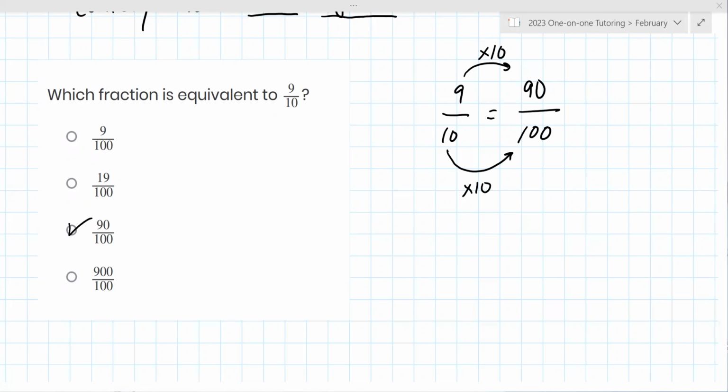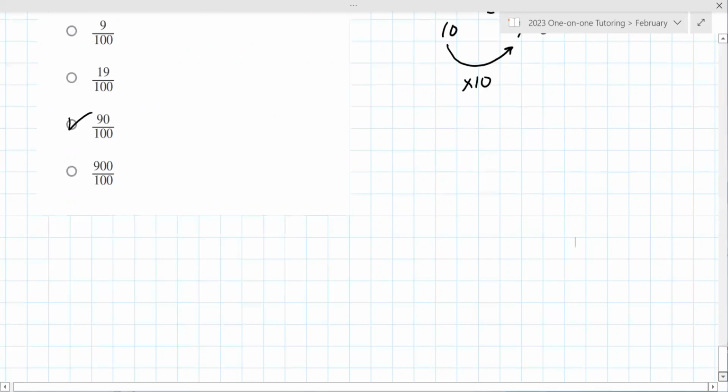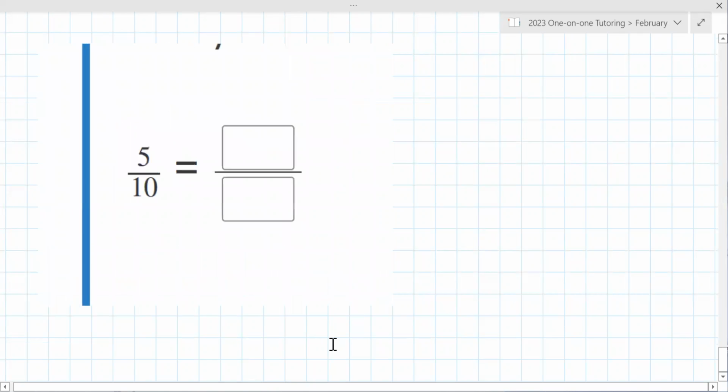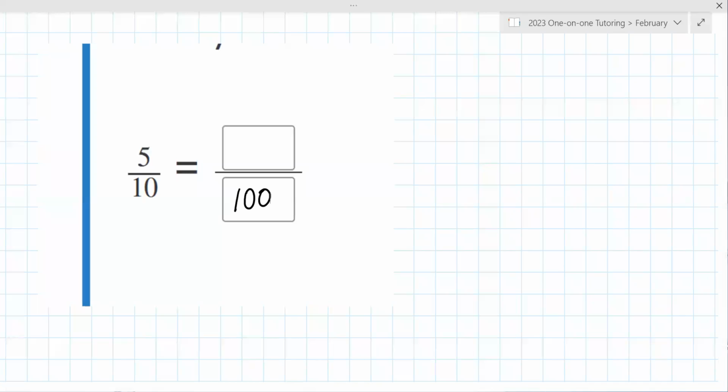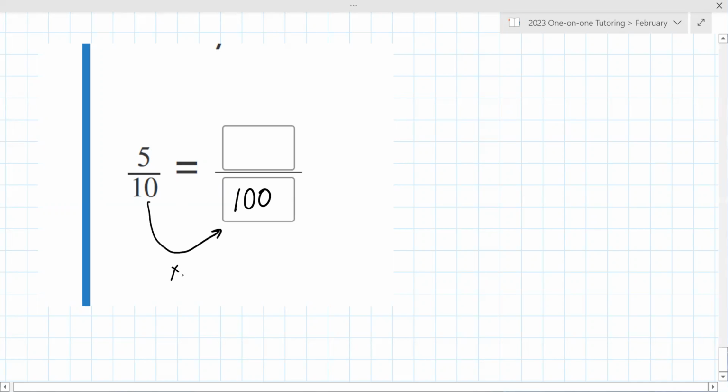Okay, so here's a new problem for us to look at together. Let's say you want to put 100 down here. What would go into the top? Well, you're multiplying by 10, right?